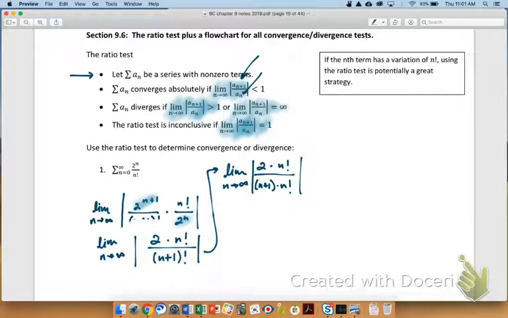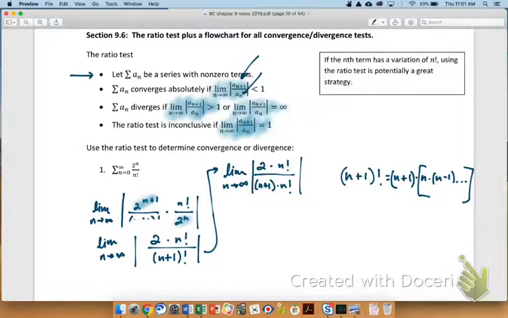So n plus 1 factorial is n plus 1 times n times n minus 1 dot dot dot. Isn't this just n factorial? Yeah, that makes sense.